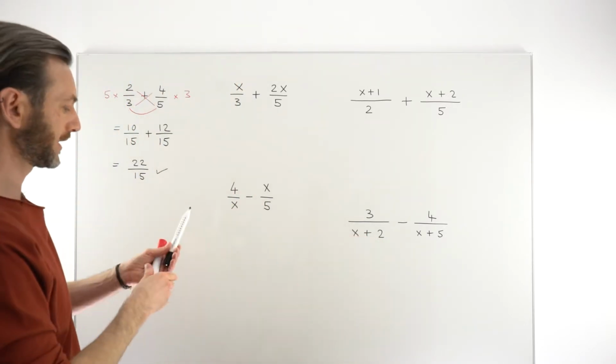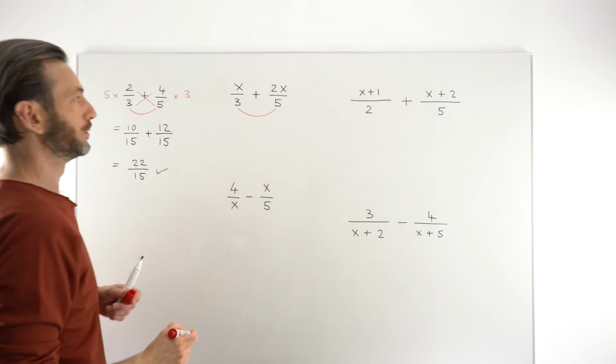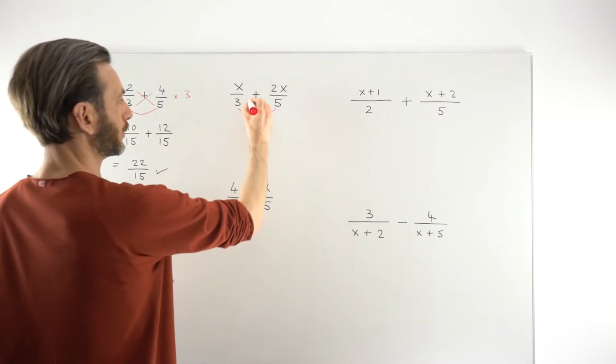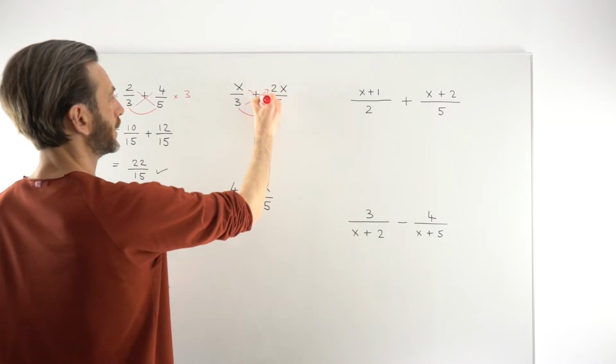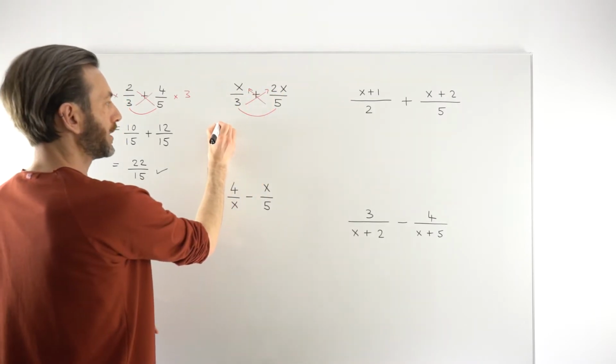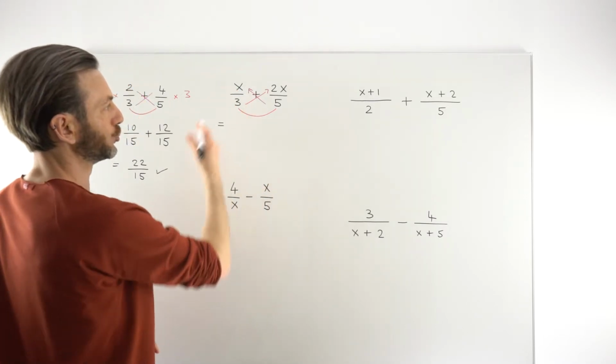So we're going to take the same approach. We multiply the denominators together to get the common denominator. In fact, it happens to be the same numbers we had over here, and then we cross multiply to get the numerators. Just bear in mind that these are algebraic fractions, so you're going to have to create some algebraic terms as you do the multiplication.